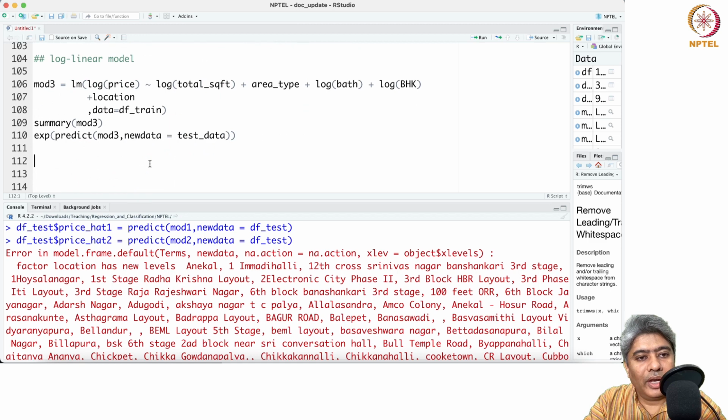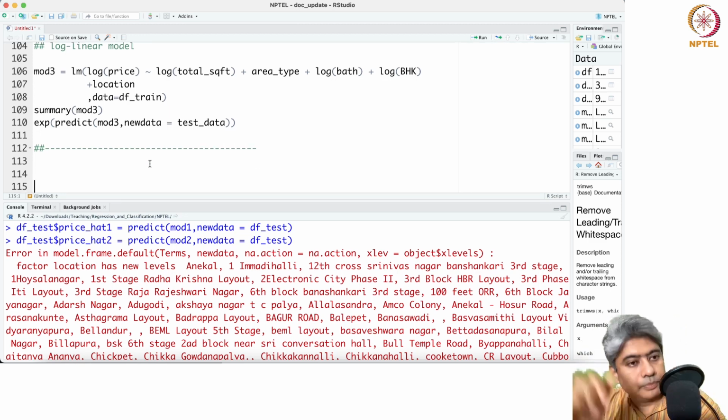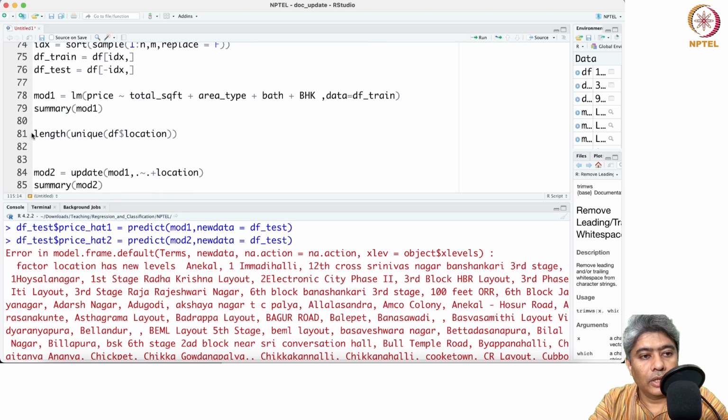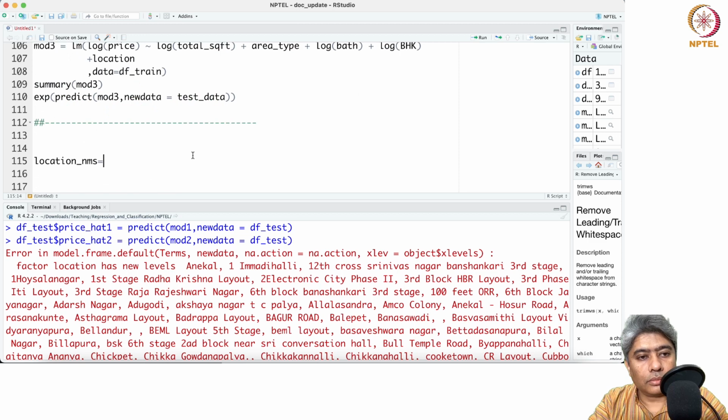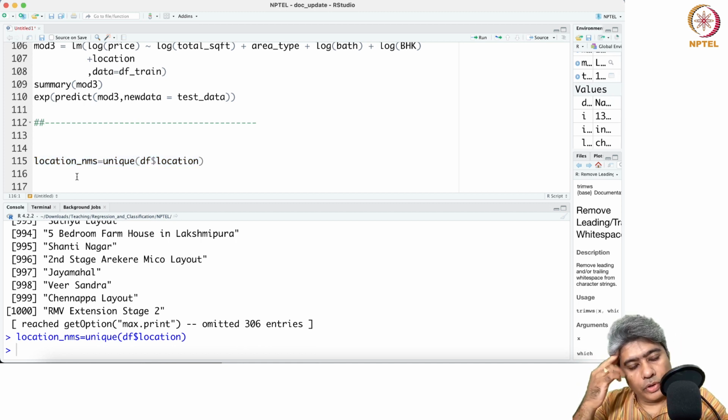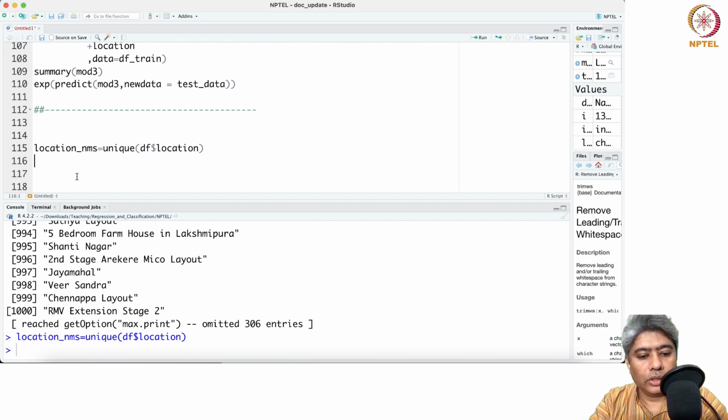So let us try this. It is going to be a bit of a challenge.